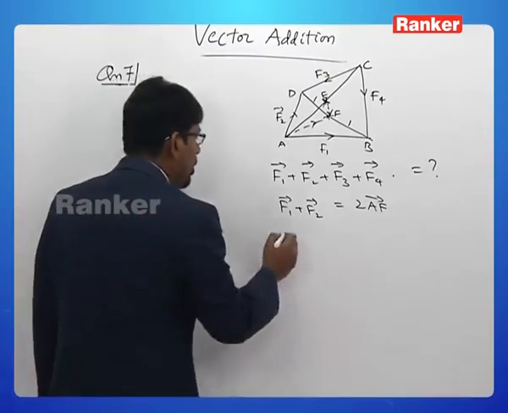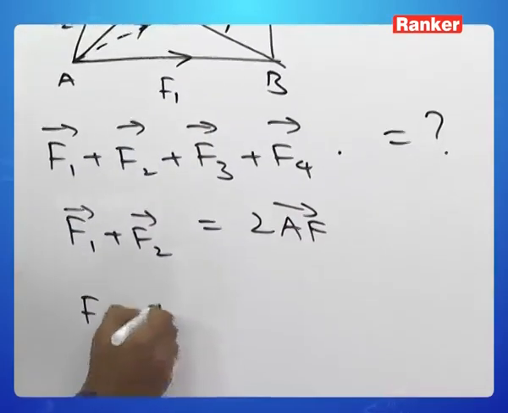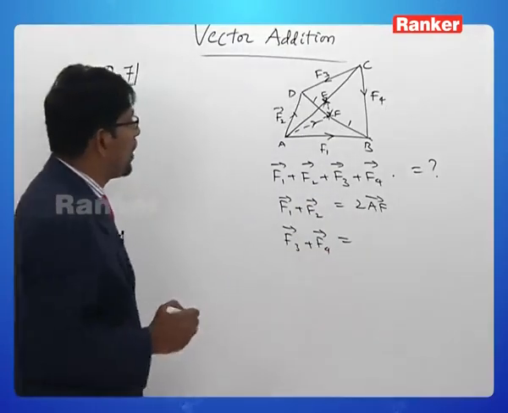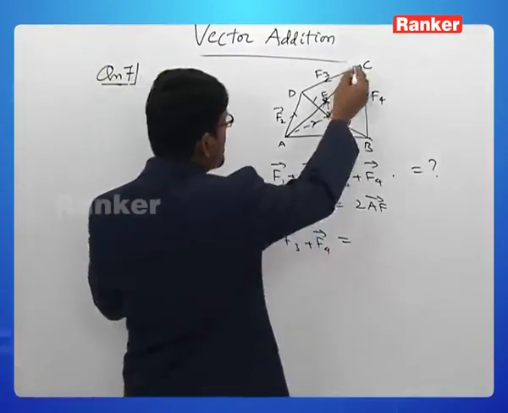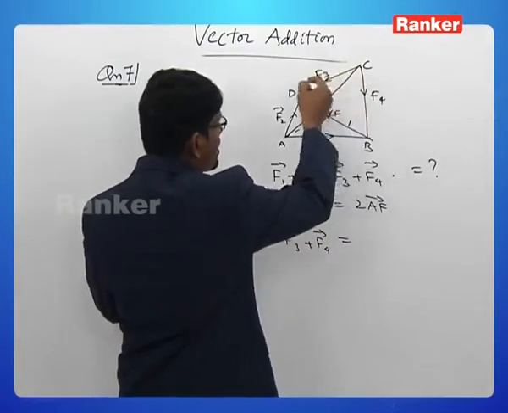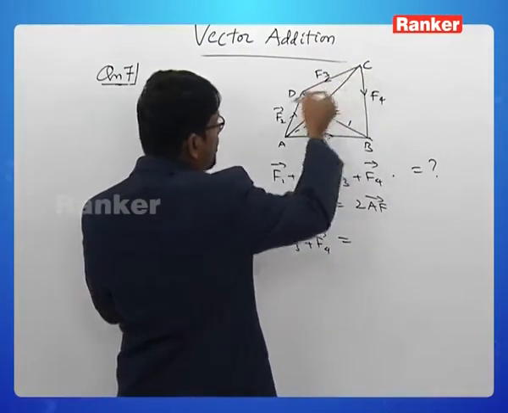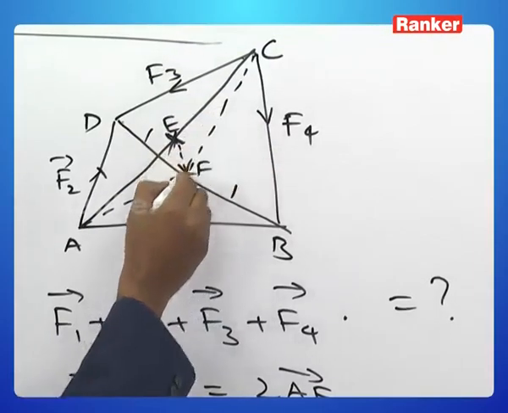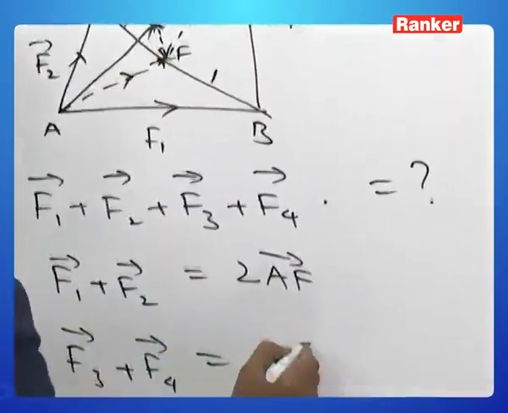Similarly, what about F3 plus F4? Again, let's consider this triangle CDB. F3 plus F4 will be equal to 2 times CF.